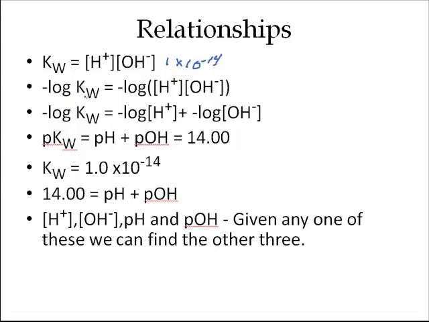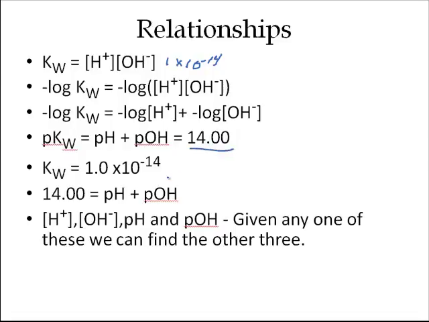Well, if I take the negative log of Kw, I can distribute that to give me the negative log of the H concentration plus the negative log of the OH concentration. And that can further, with a little bit of algebra, be manipulated to pKw equals the pH plus the pOH, and that value is always going to equal 14.